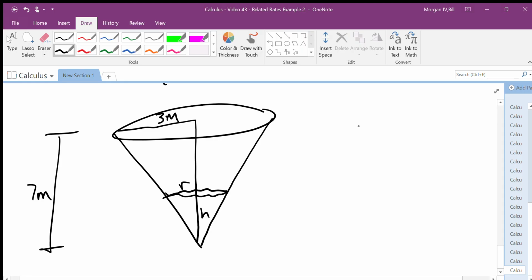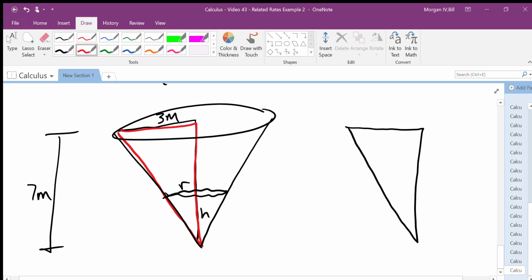If you take a look at the triangle, I'll draw it over here first. We have this triangle here. And inside that triangle is another little triangle, say, here in blue. And anytime you have a triangle inside of another triangle, where the two bases, in this case, this 3 meters and this r, are parallel to each other, it creates similar triangles.